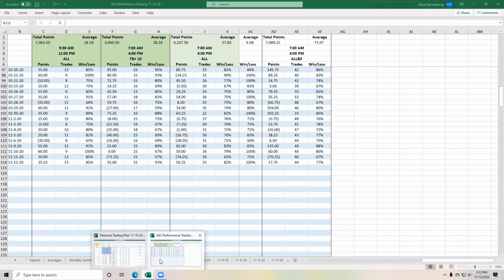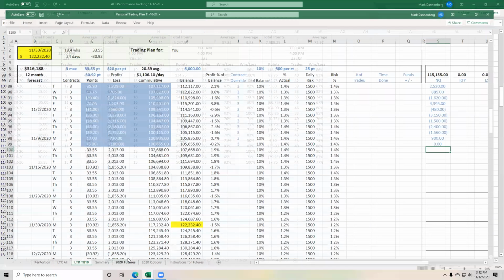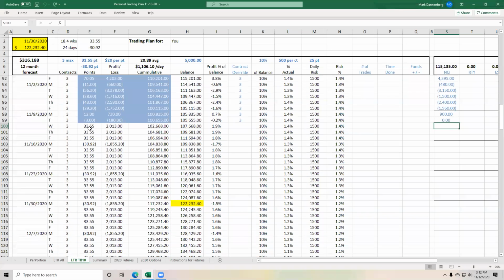So we're going to jump into our personal trading plan. And yesterday, Wednesday, first thing I want to do is to plug in our performance. So I'm going to start with our 7 to 4 category. We lost 73.25 points. Now it's $20 a point, and our personal trading plan has scaled us up to 3 contracts.